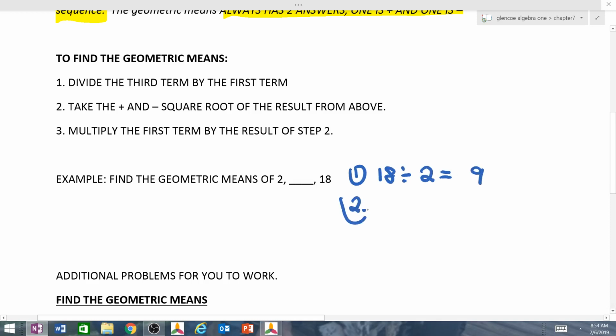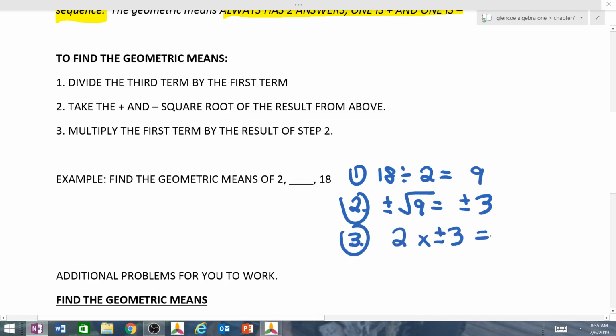Step 2, take the positive and negative square root of 9, which would give me what? Plus and minus 3. And step 3 says multiply the first term times plus and minus 3. So my geometric means here would be plus or minus 6. Does that make sense? Plus or minus 6.